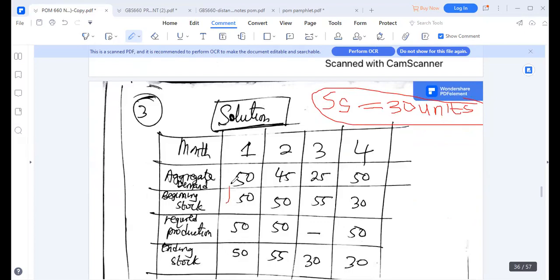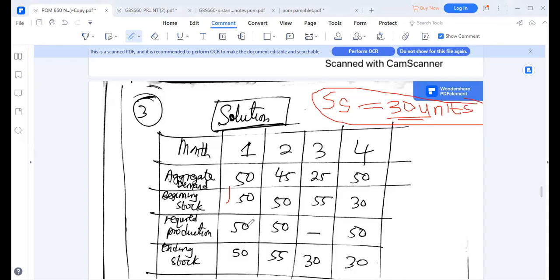Yes, we can meet the demand, but what we're going to remain with here will be 0. So 50 to meet the demand of 50, we are going to have 0 remaining. And that 0 is not enough, because inventory should not fall below the safety stock level of 30 units.